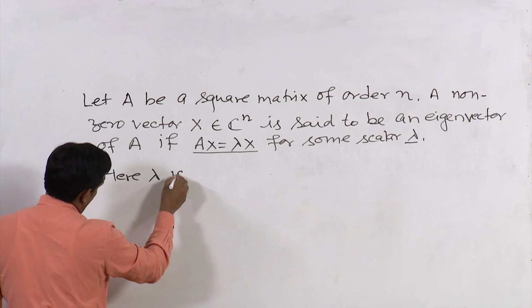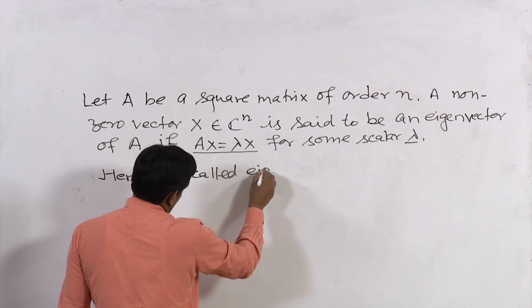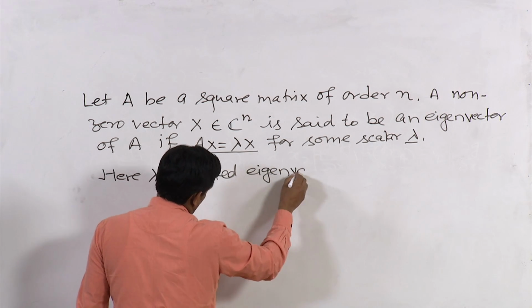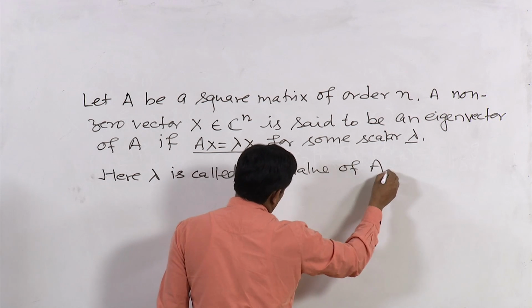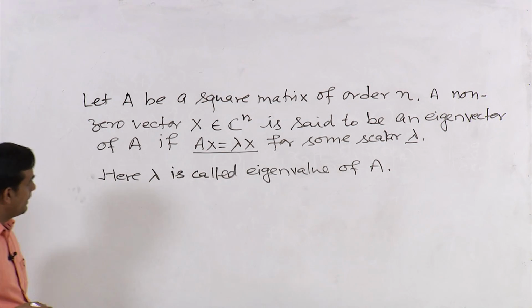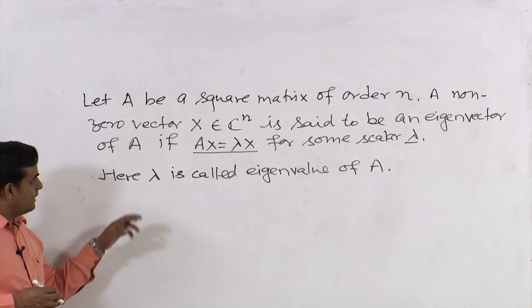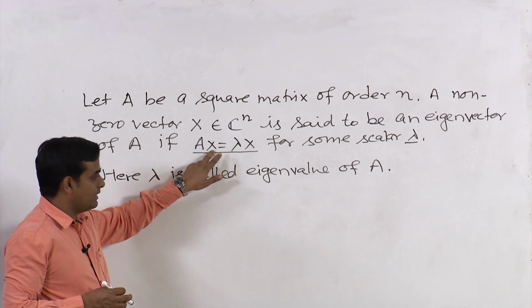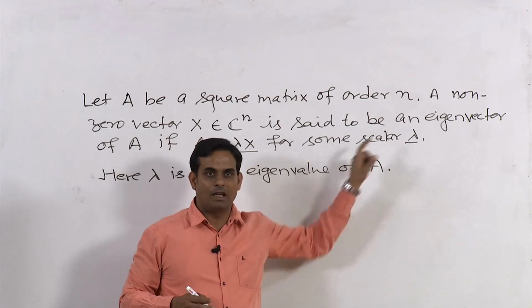Here lambda is called the eigenvalue of A, and hence we can say that x is an eigenvector corresponding to the eigenvalue lambda.